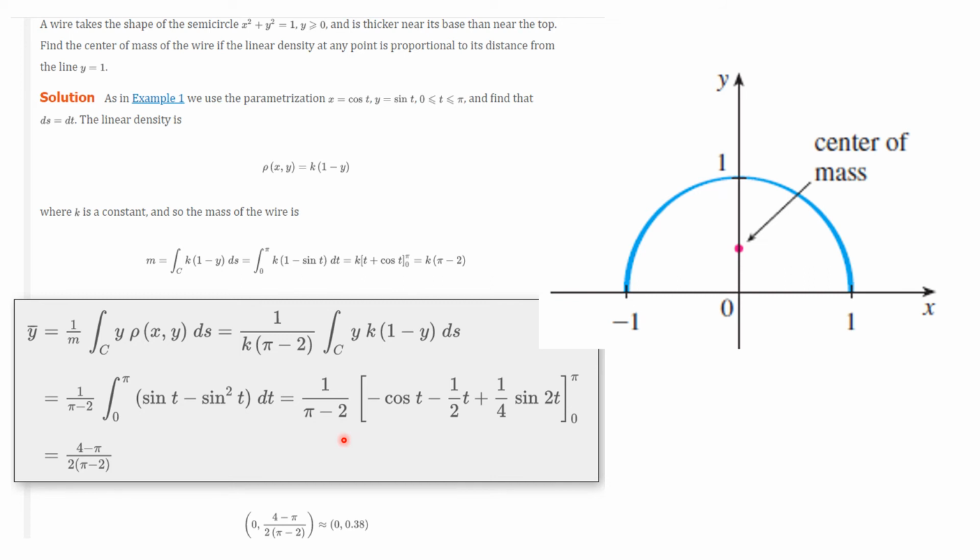So at the end of the day, the answer is 1 over pi minus 2 times these evaluated at those endpoints, and my final answer is 4 minus pi all over 2 times pi minus 2. Now this is y bar, but by symmetry, x bar is going to be 0. So the center is 0 comma this value, and that's approximately this if you were to use a calculator.